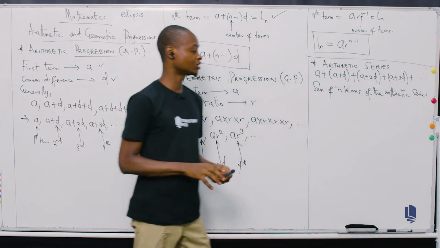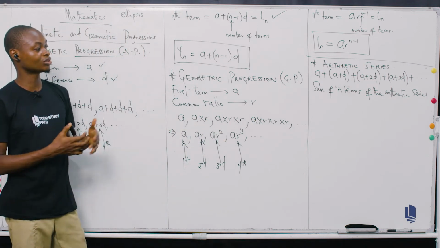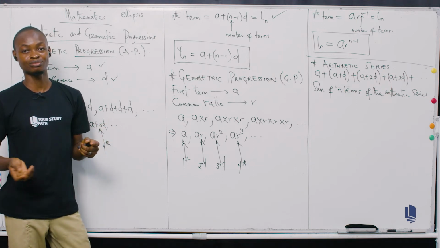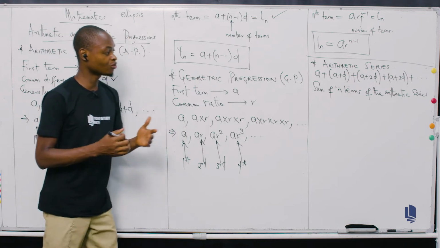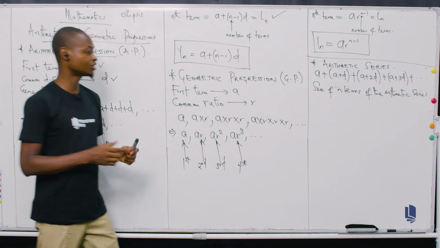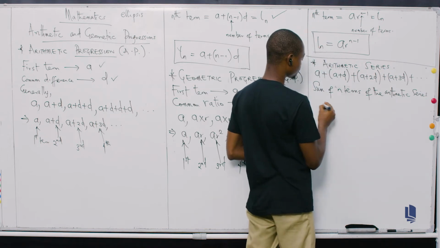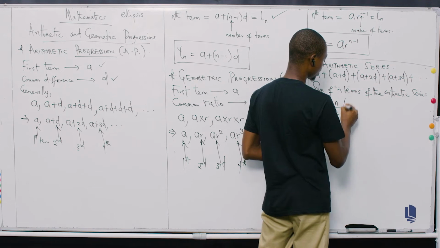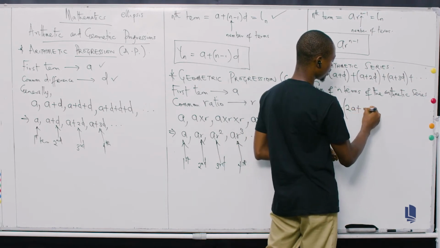What this means is, what if you are just trying to arbitrarily see what the sum would be. Let's say the sum of the first 500 terms. How exactly are you going to take that? By using the formula, it becomes very, very easy. And what's that formula? The sum of the first n terms is given to us as n divided by 2, all into bracket 2a plus (n minus 1)d.